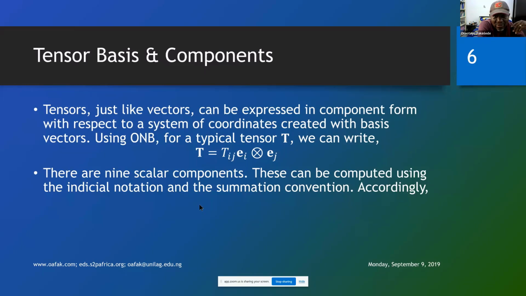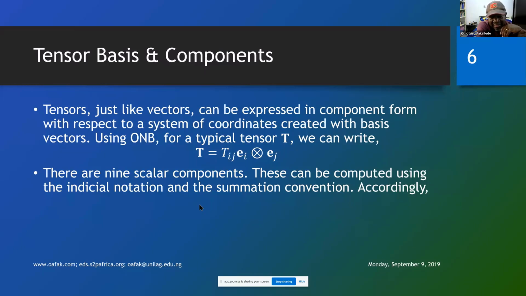Tensors, just like vectors, can be expressed in component form with respect to a system of coordinates created with basis vectors. Using the orthonormal basis, ONB, by ONB I mean orthonormal basis. For a typical tensor T, we can write that T is equal to Tij Ei circle times Ej, where the Tij's are scalars and Ei circle times Ej, what do we call it now?